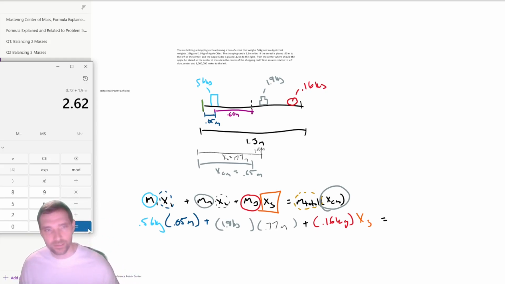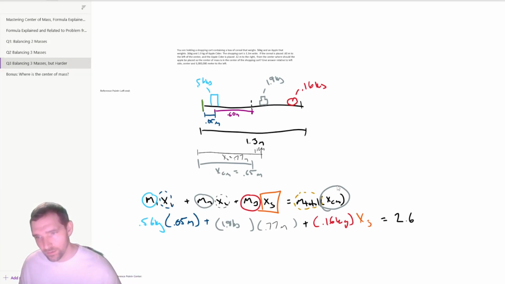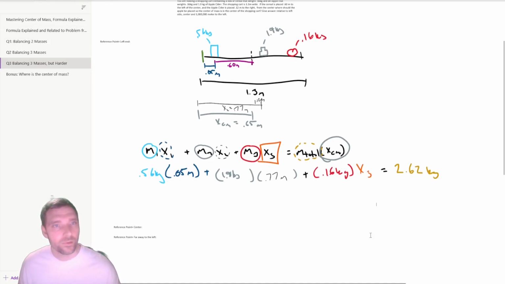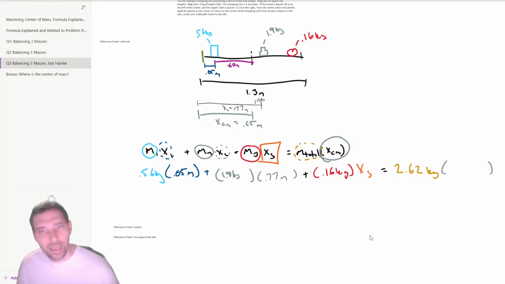So we get 2.62 kilograms there. And the center of mass displacement is half of this cart's length, so 0.65 meters.